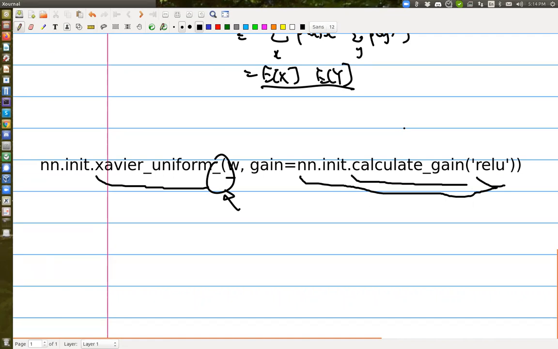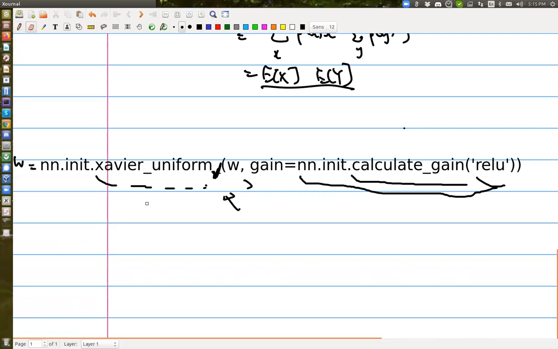So this is doing an in-place operation. If you have this underscore, and you have an input W, it directly modifies the W here. If I don't have this underscore, it will just return a weight. Without the underscore, you would write W is equal to this guy here.